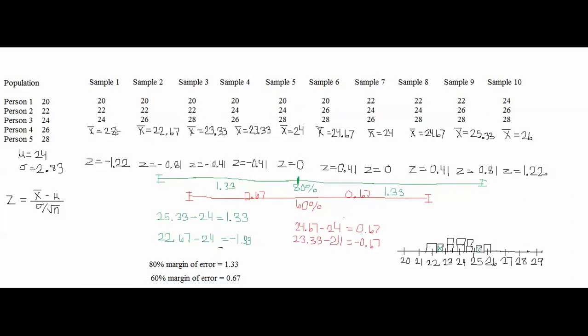Let's start with sample 1. The mean of sample 1 is 22. If we add and subtract the 80% margin of error, which is 1.33, we'll have something called an 80% confidence interval. So let's take 22 and add and subtract the 80% margin of error.